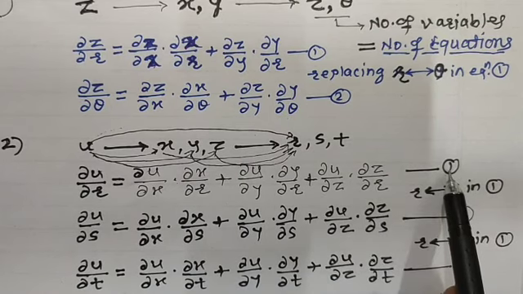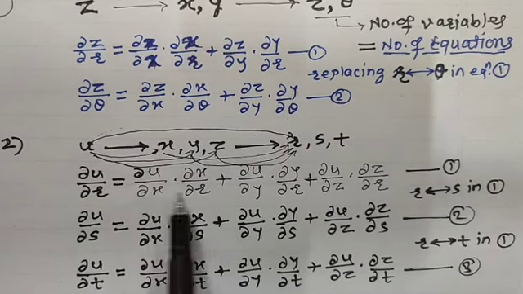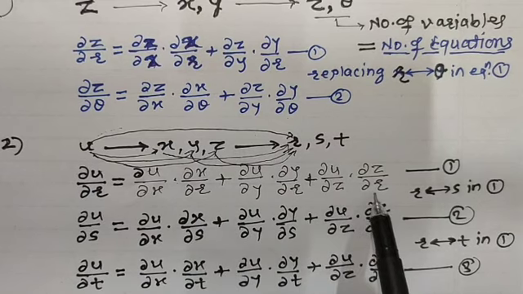This gives equation number 1, which contains three terms: number 1, number 2 and number 3.